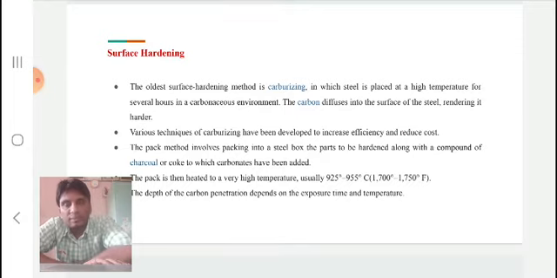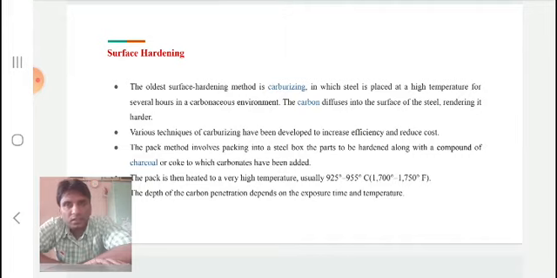So, because there are many disadvantages in the pack method, another method called gas carburizing was introduced. What are the disadvantages? The disadvantages in the pack method are uneven diffusion of carbon and uneven areas.